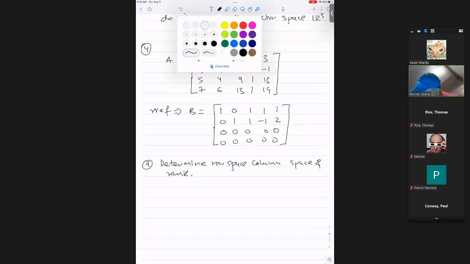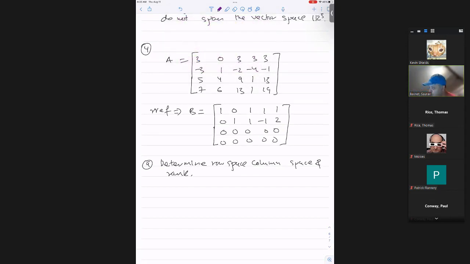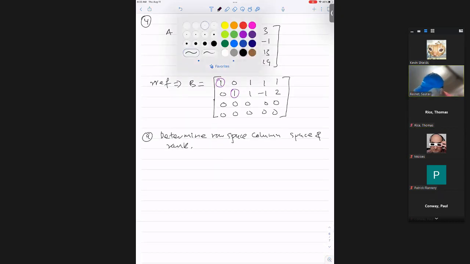So can someone tell me what the row space is over here? It's the rows with leading ones, right? So it would be row 1 and 2. Yes, sir. These are the row space.